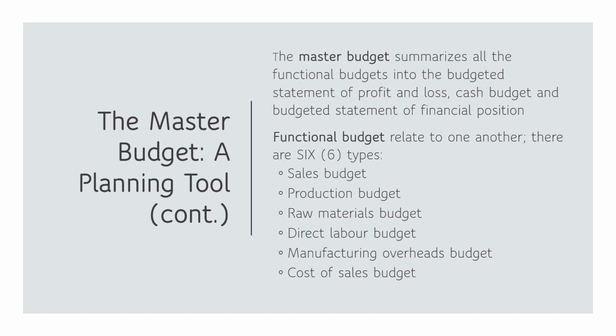And last but not least, we look into the cost of sales budget, which means your total production cost. Actually, it summarizes all the costs involved in producing the goods that will be sold. So it's easy for you to make a profit calculation. It helps in determining the cost of goods sold, which is crucial for calculating the profit.